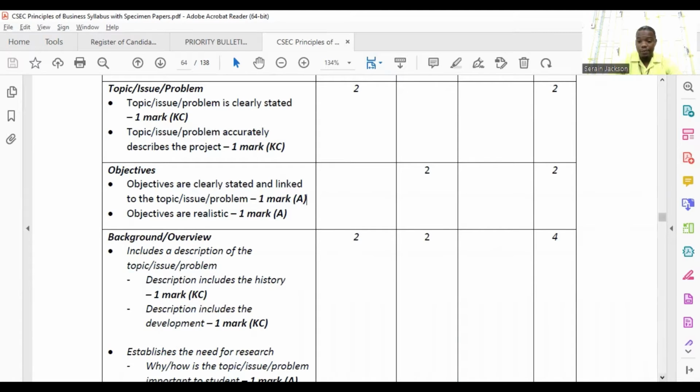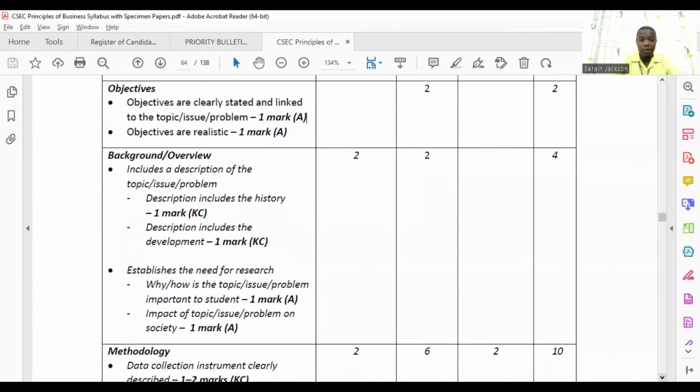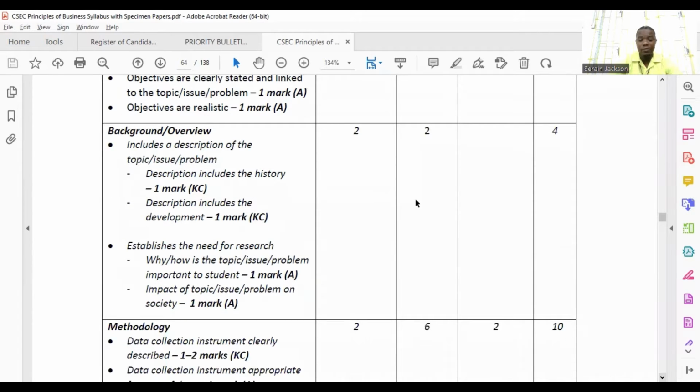All right. So for this episode, what I'll be looking at is the background or the overview of the problem. This is a very important section of the SBA, and you want to ensure that you get full marks. It is worth 4 marks, so it's very important. Now in this section, all you're simply going to do is describe the situation and give a background.